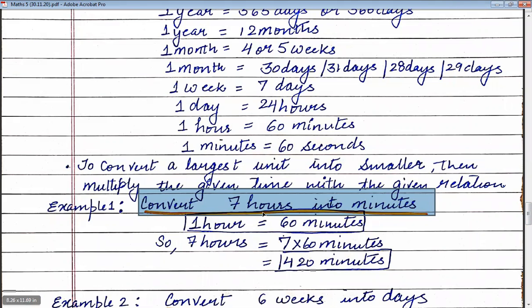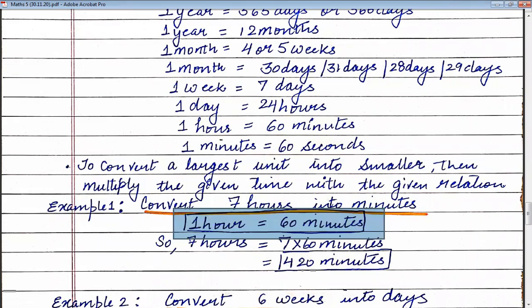Before multiplying, let's see the relation between hours and minutes. What is the relation between 1 hour and minutes? This is the relation: 1 hour is equal to 60 minutes. Now, children, to convert 7 hours into minutes, you have to multiply.